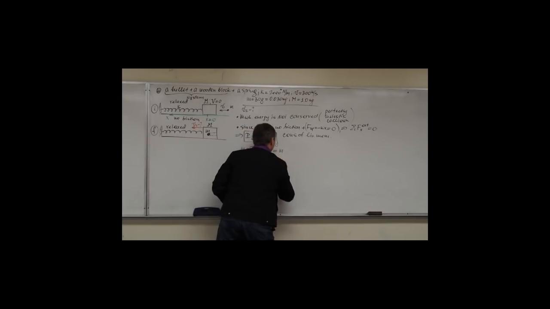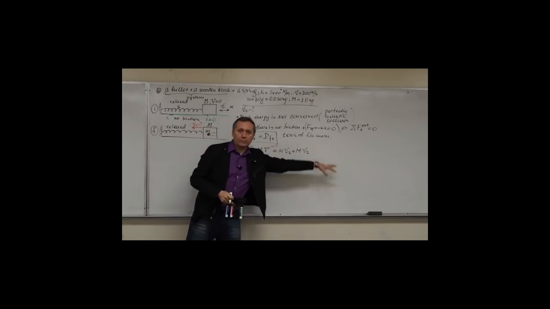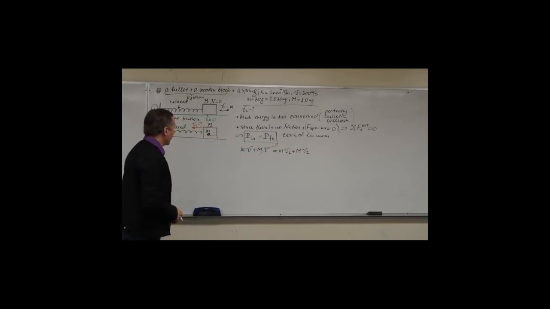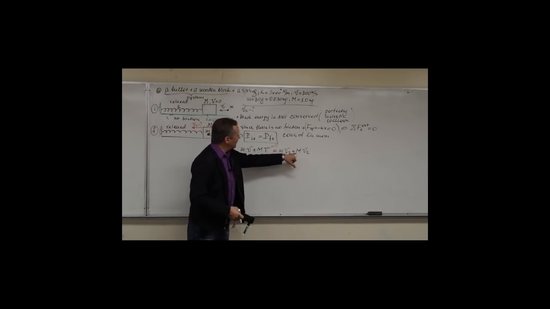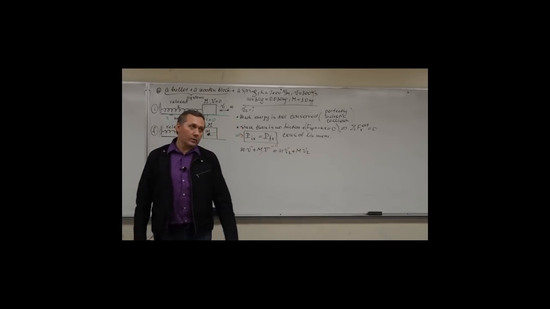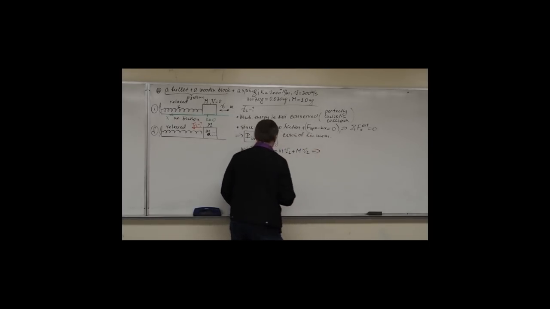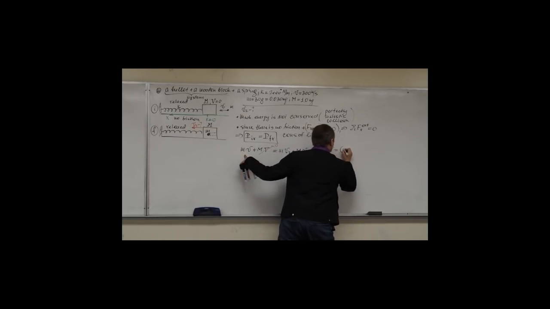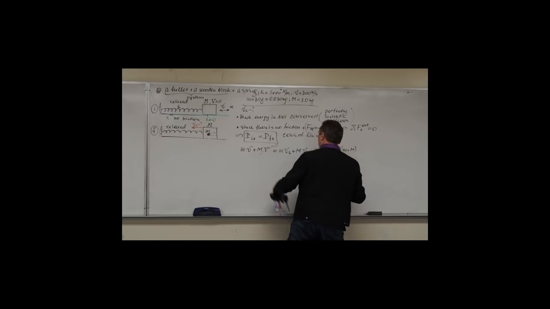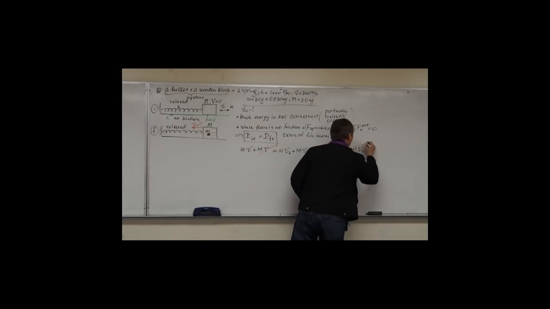Let me first write them as two separate terms: mv2 plus capital M v2, but of course v sub 2 can be factored out. So what do we have? This is given, this is given, this is given, and one unknown. One equation, one unknown. The problem is almost solved. So it will be m times v equals small m plus capital M times v sub 2. That is our unknown.